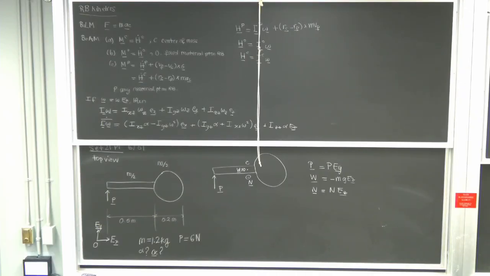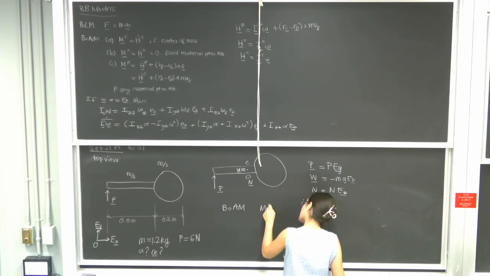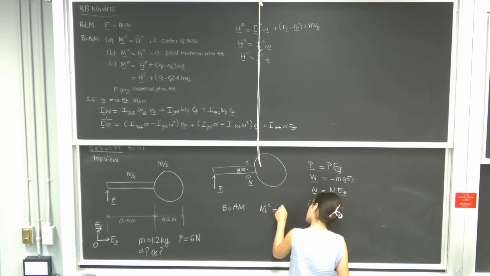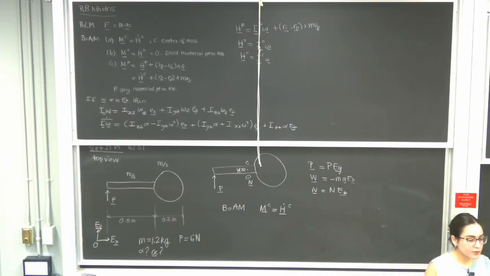Yeah, that makes sense. We're going to use MC, so the balance of angular momentum. MC is equal to H dot C. Okay, could I have applied MO is equal to H dot O? No, why not? There's no fixed point. Exactly, there's no fixed point on the rigid body.